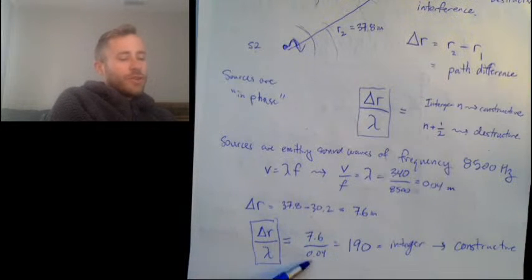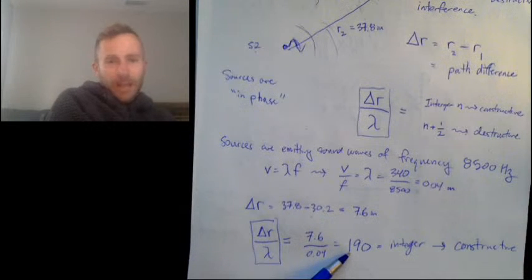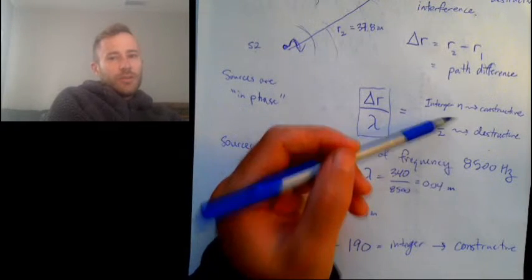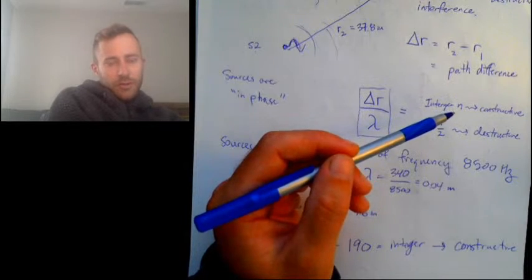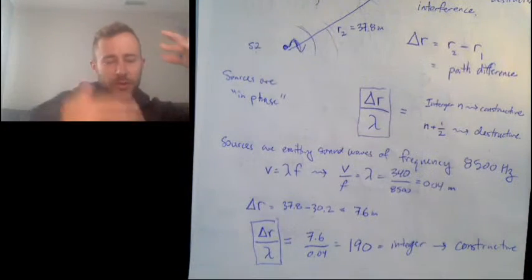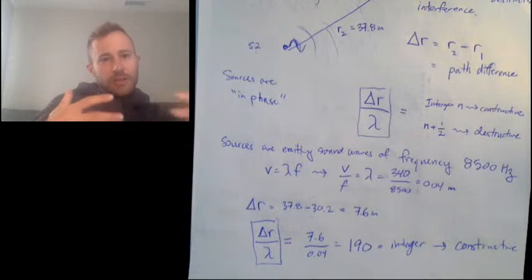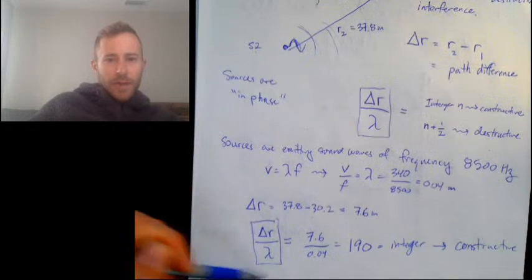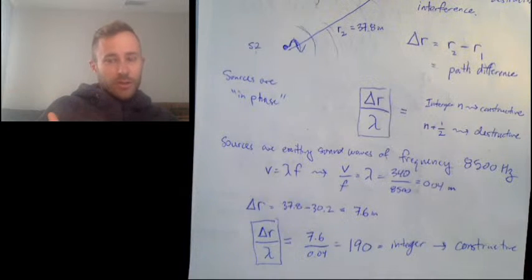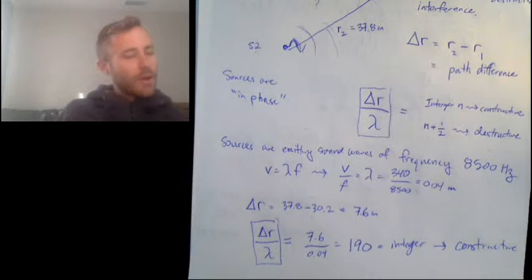And then we do this ratio and we would get negative 190, which is still an integer. So you would still have constructive interference. So see how switching which source is number 1 and which is number 2 changes this ratio, but it doesn't change your conclusion about whether there's constructive or destructive interference.